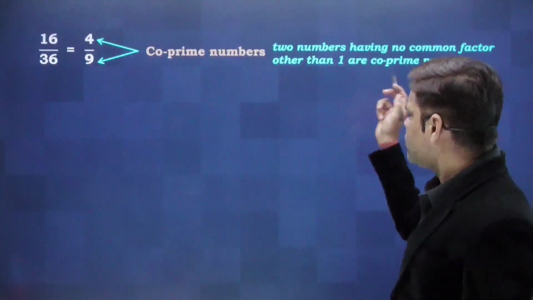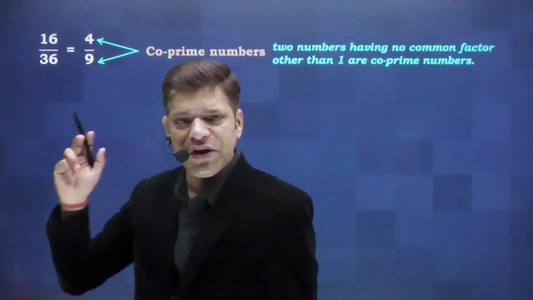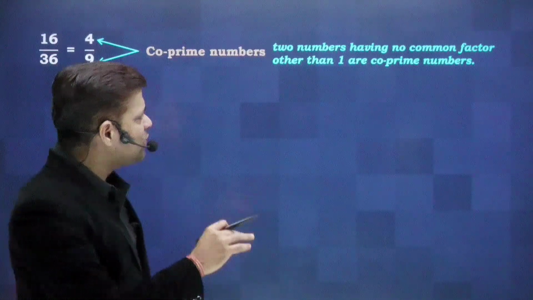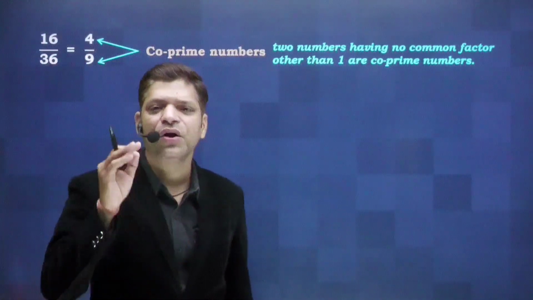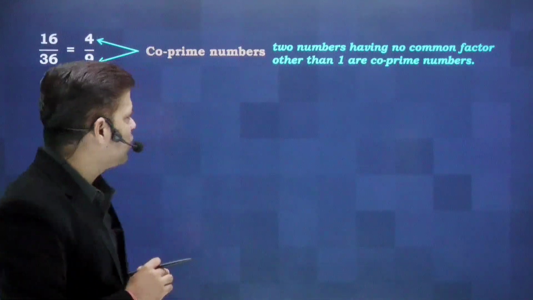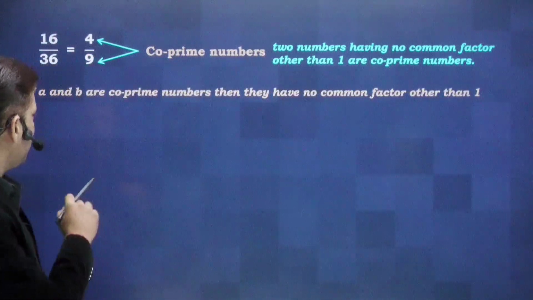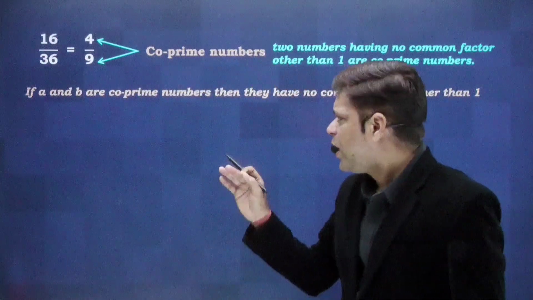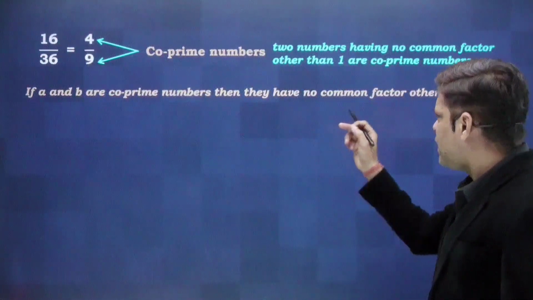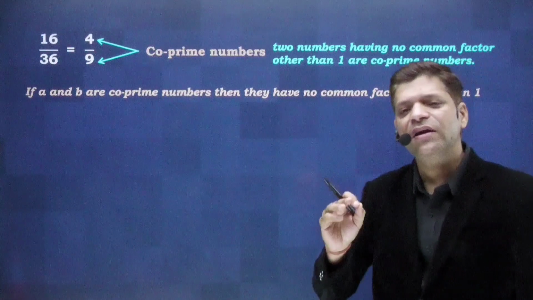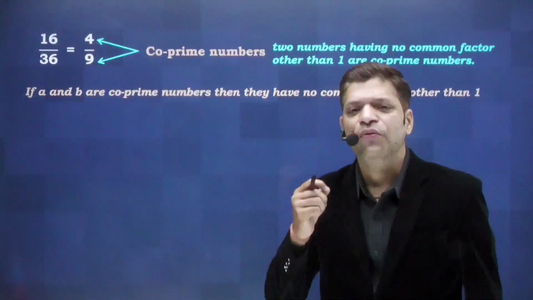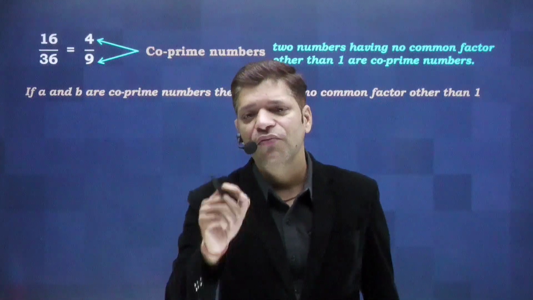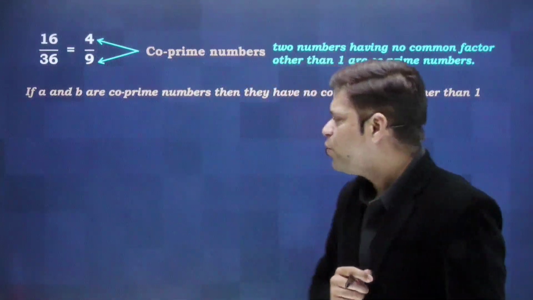The definition is: two numbers having no common factor other than 1 are called co-prime numbers. So if a and b are co-prime numbers, then they have no common factor other than 1, or we can say their highest common factor, HCF of a and b, is equal to 1.